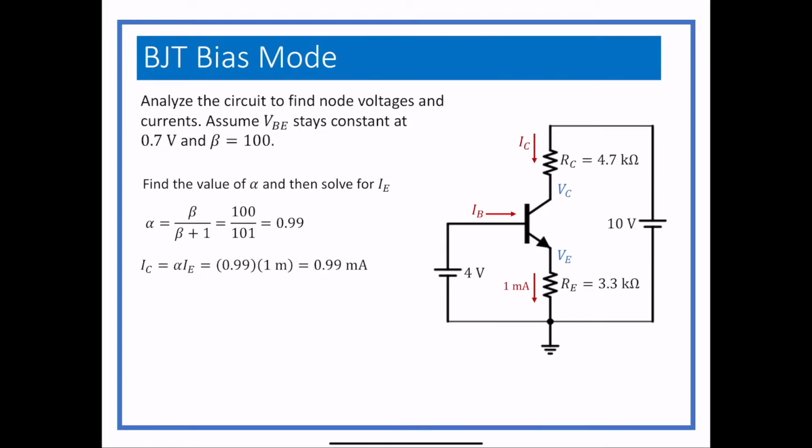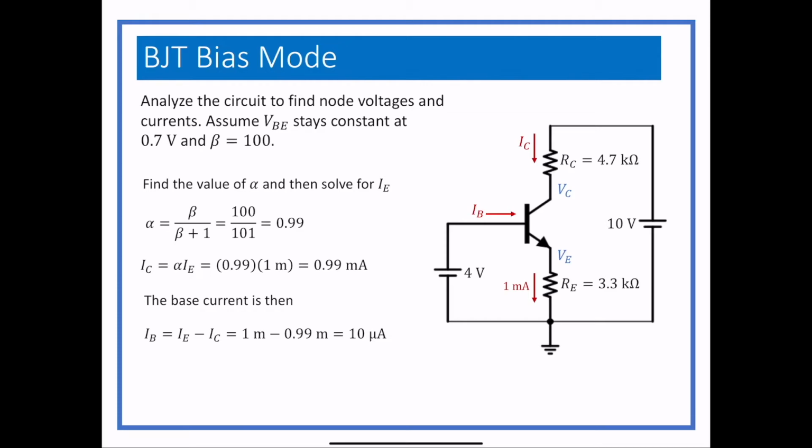And then base current, we can get a couple ways. We can use beta, or we can just take IE minus IC, and either way you're going to end up getting 10 microamps. Be careful when you're doing these problems and don't round values too much, because if you round IE and IC too much, then you'll end up losing the base current completely.